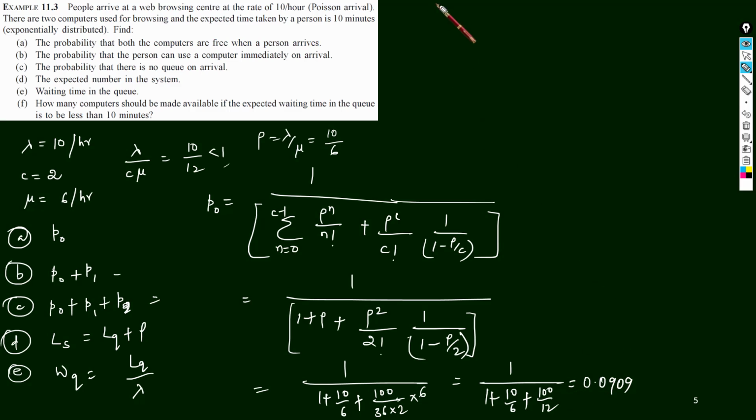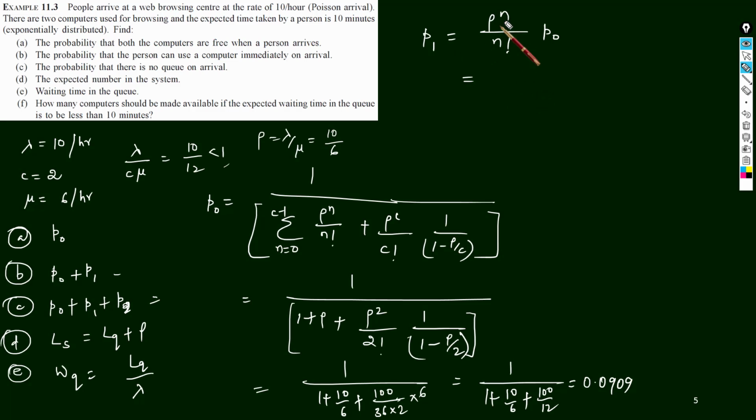Now P1 can be calculated using the Pn expression. When n is less than c, we use rho to the power n divided by n factorial into P naught, because 1 is less than 2.